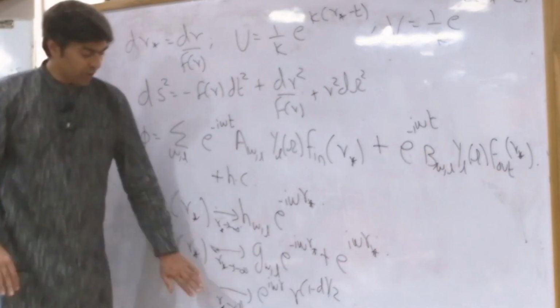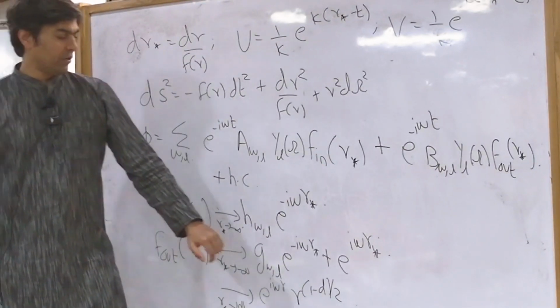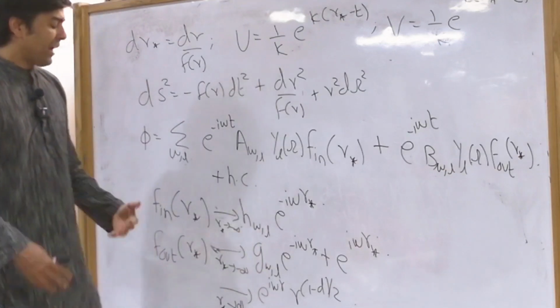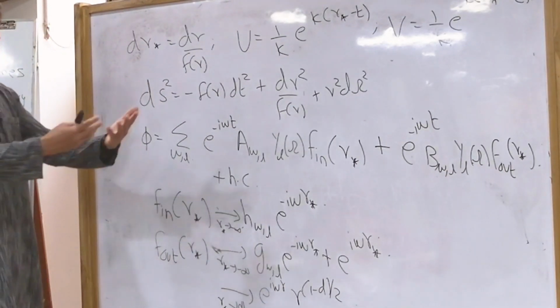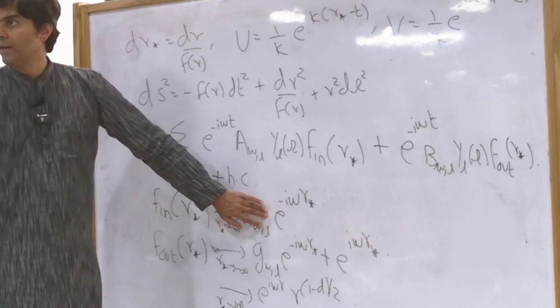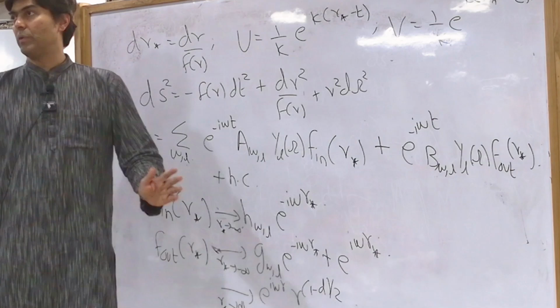So what you want is this solution at infinity should be purely outgoing, and to do that you have to take it to be some combination of outgoing plus ingoing here. And once you do that, then you just ask, what is the orthogonal solution, and that's this solution. And the constraint between h and g is that mod h squared plus mod g squared has to be 1.